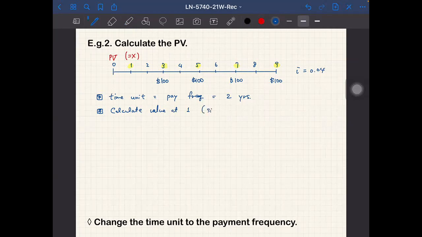Then all the time points have the same 2-year interval.